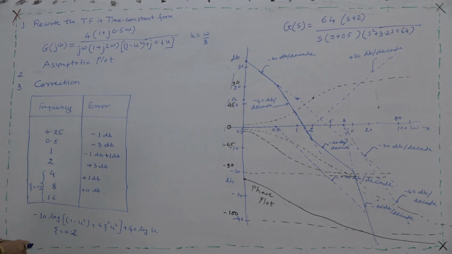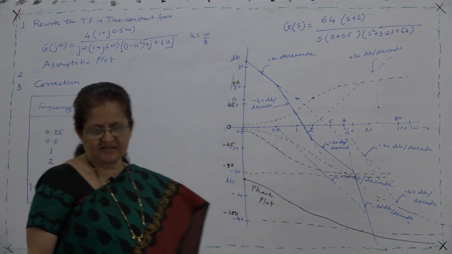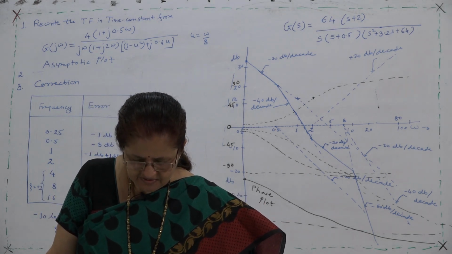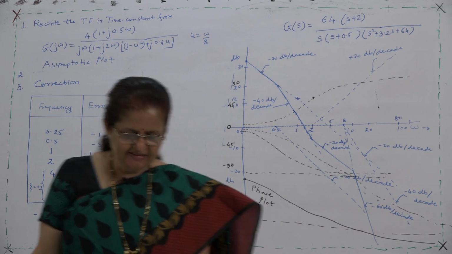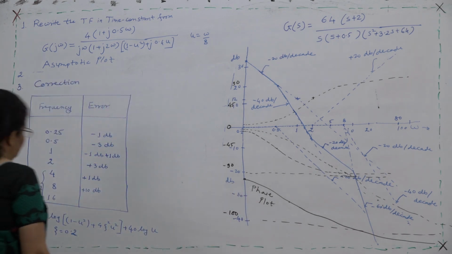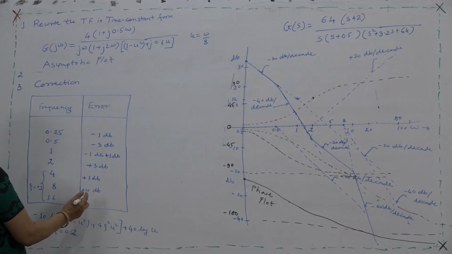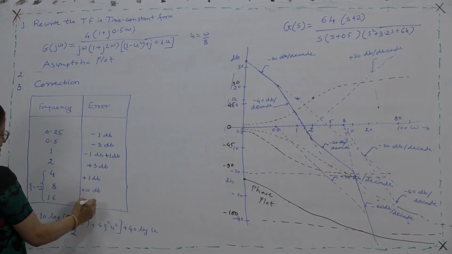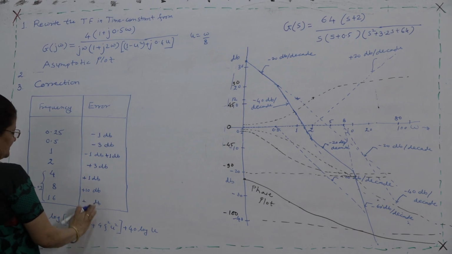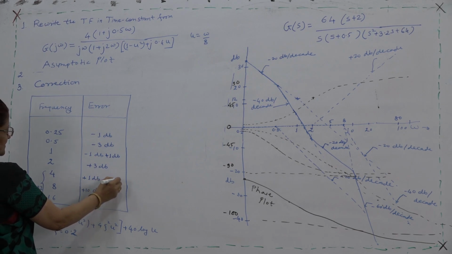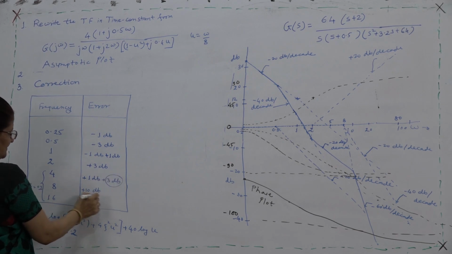Then at half of the frequency and double the frequency, substitute the value of zeta and find out. So, approximately I am drawing, you find out it perfectly. So, you may get somewhat like this 4 dB or 3 dB like that. So, we will consider plus 3 dB and here it is plus 3 dB. So, this term is approximate.